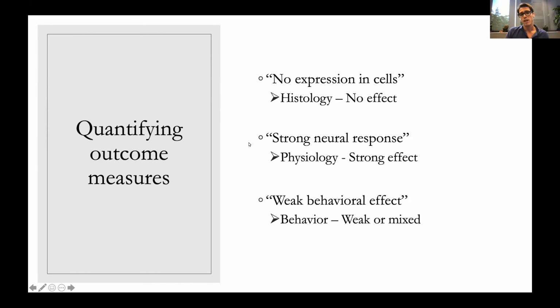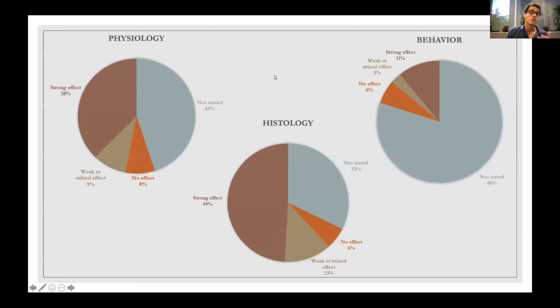And so, having classified all these outcome measures, I can have a look at the success rate of different experiments according to the category of outcome: physiology, histology, or behavior. And we can see that a large proportion of tests using physiology or histology report strong effects of optogenetics. And also a large proportion of them do not test either physiology or histology, and that's for a simple reason.